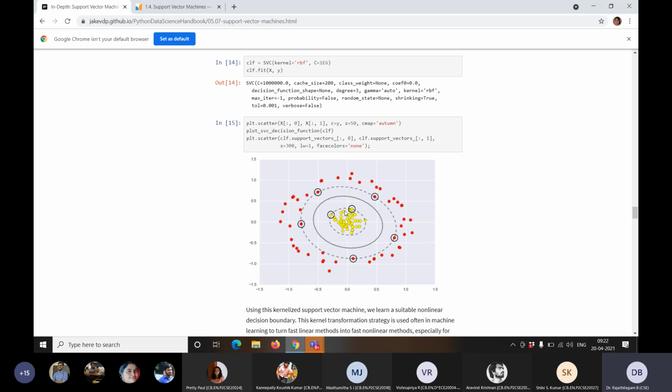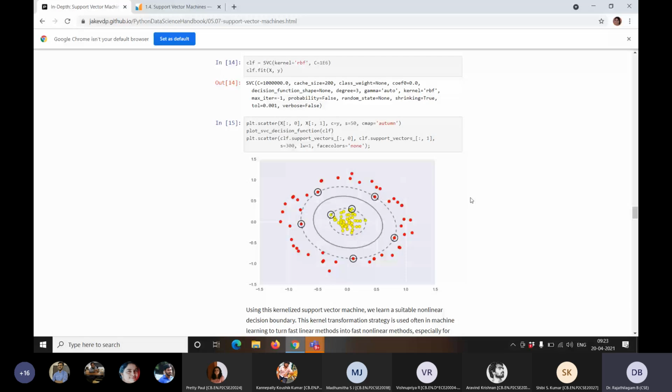You have a smaller margin circle with dotted lines, and then you have a solid circle which is the separating hyperplane. The decision boundary, you should call this the decision boundary. So here also you have support vectors which are on the margin. Those data points through which the margin passes, you call them the support vectors. So you have 5 support vectors for the red group and 2 support vectors for the yellow group.